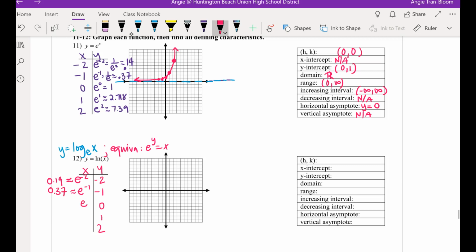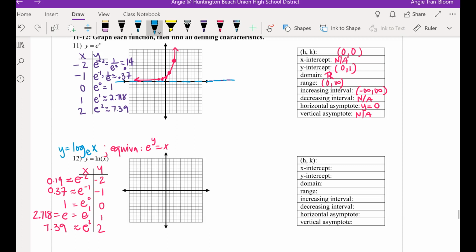This one, e to the 0, is always 1. e to the 1 is always e, which is, you should know, what's the value? That's right, 2.718. e squared, we already punched it in earlier. It's about 7.39. Because these two are inverses of each other, y'all.